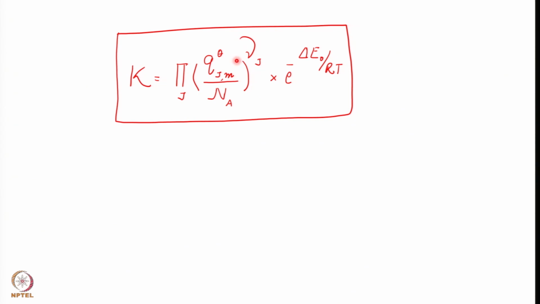Therefore, in order to evaluate the value of equilibrium constant by using statistical thermodynamic principles, what do you need to know? You need to know the molar partition function. You need to know the stoichiometry of the reaction. You need to know the zero point energy difference, and gas constant, temperature, Avogadro constant are anyway the quantities which are required.